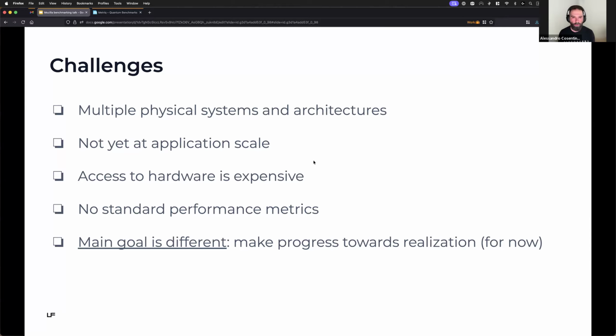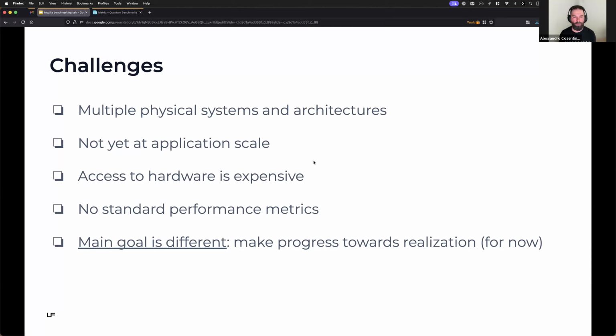Here it is not clear which direction is going to win. So we do want to benchmark all of them at this moment. We are not yet at application scale. I think that point is quite evident. We are approaching quantum advantage.